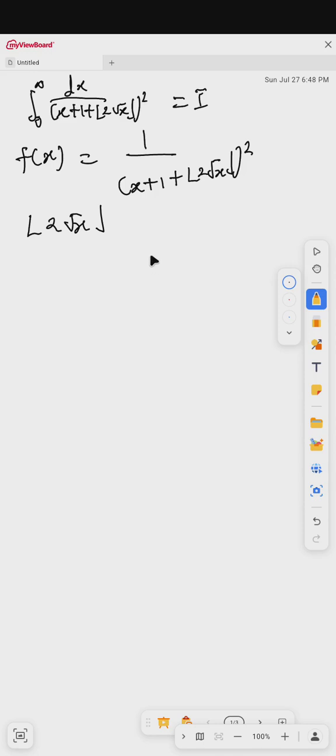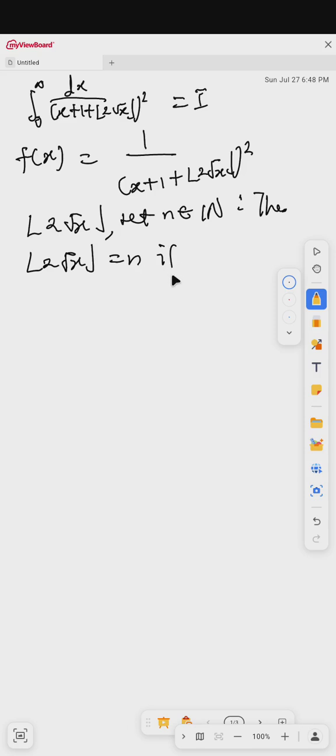So now let's analyze this. Let n be a member of the set of natural numbers. Then the floor function of 2 root x equals n if and only if n is less than or equal to 2 square root of x and is less than n plus 1.